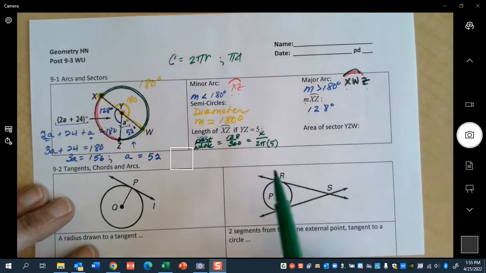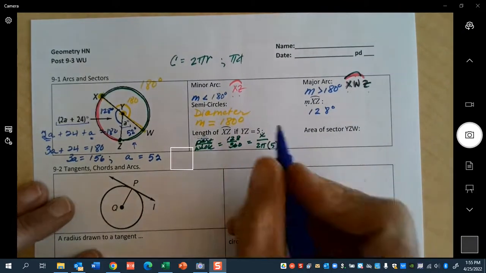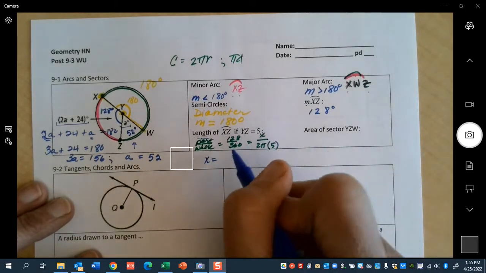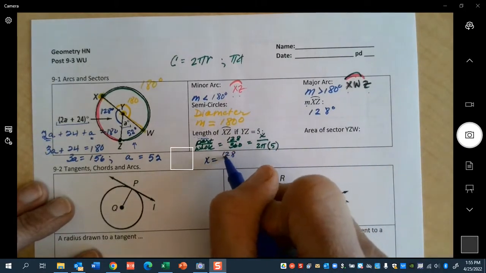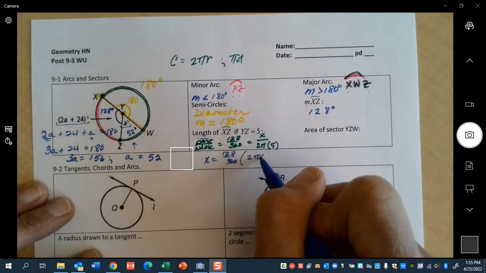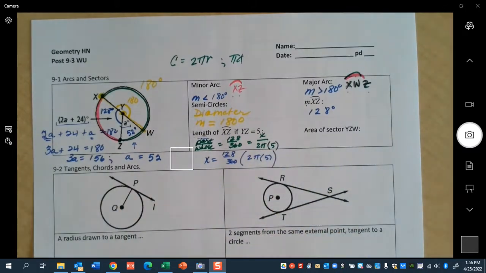So if you're a proportion person, you'll solve cross products. If you're an equation person, you said, hey, that length of that arc is equal to this fraction of this whole. If you solved your proportion, you got that same equation.